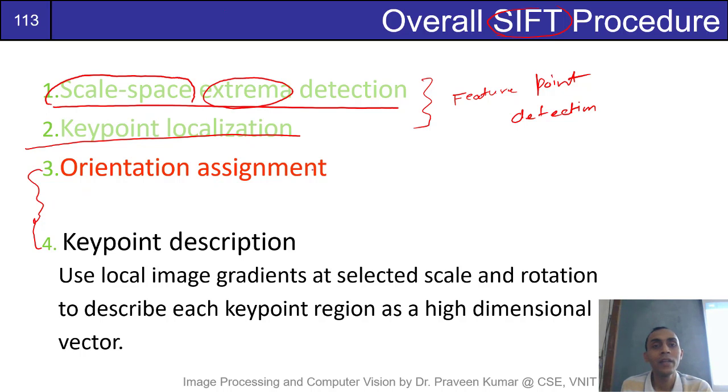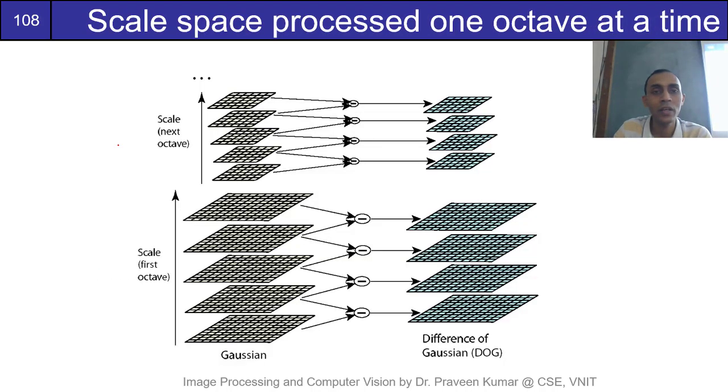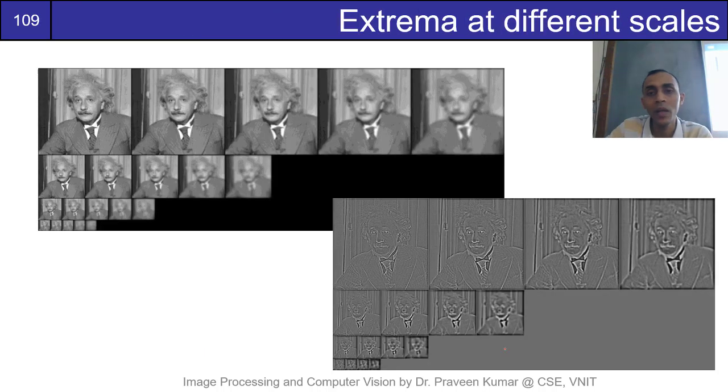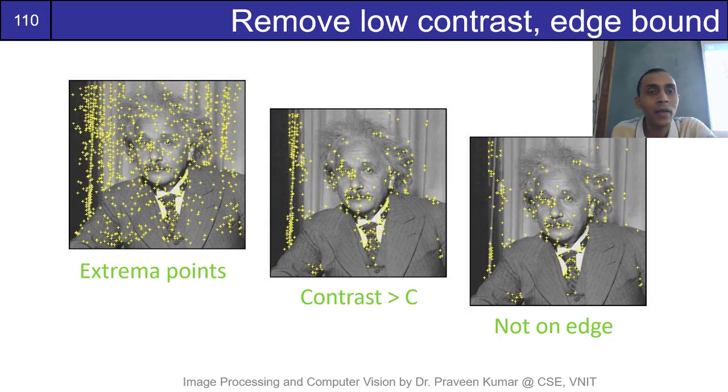Once we do that, we could localize the key point, and we saw different things that we were doing. We generated different scale spaces, and normally for SIFT, instead of Laplacian of Gaussian, we would use difference of Gaussian. After we detect extrema, we have to get rid of some points which are of low contrast, by putting a threshold, and also remove points lying on an edge, because this is not explicitly handling the edge case.